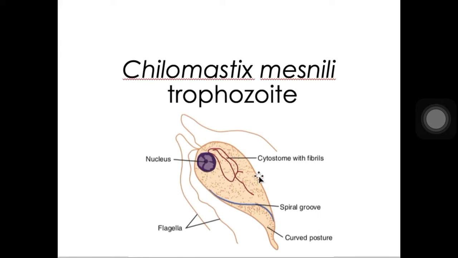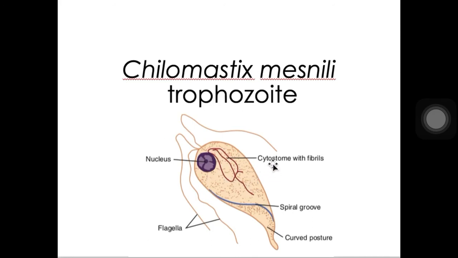Yung tatlong flagella po ng trophocyte ng Chylomastix mesnili is extended out in the anterior end of the organism, sa anterior part nila. Pero yung fourth flagellum niya is shorter and it extends posteriorly from the mouth or the cytostome. So, pumasok siya dito, yung isang flagella niya within the cytostome or within the mouth.